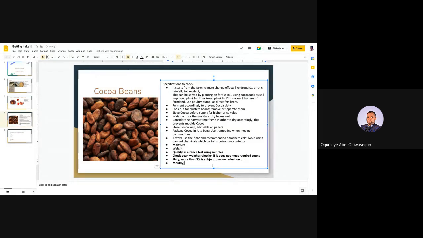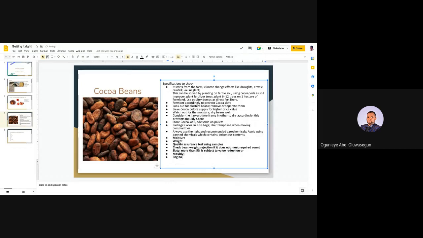Then we pay. Being weight or being count, we check for your slate, we check your flat beans and foreign matter, and we are going to pay you. Thank you very much, Oluwashola.